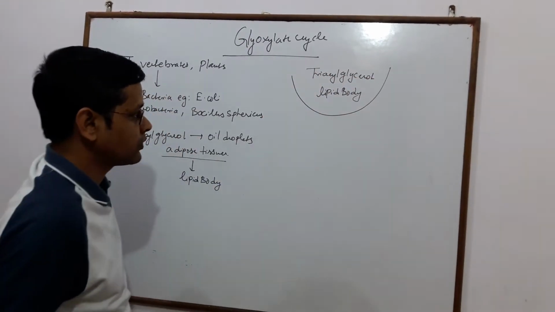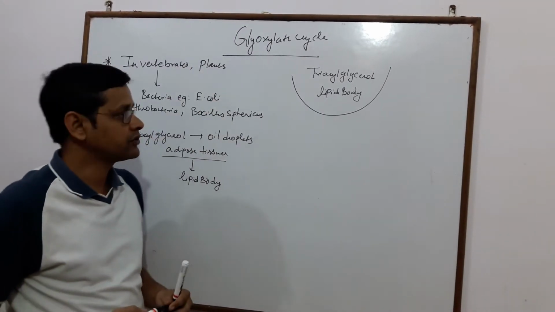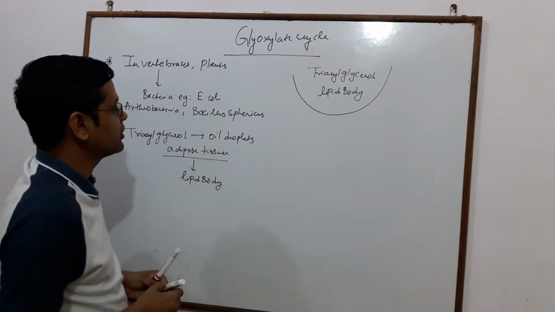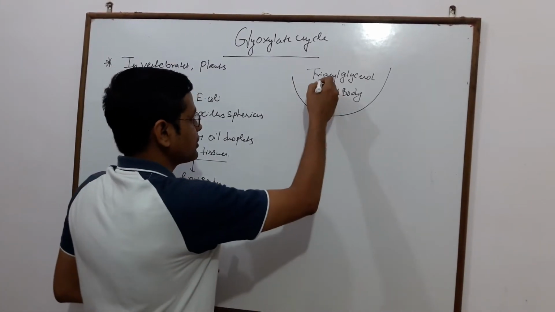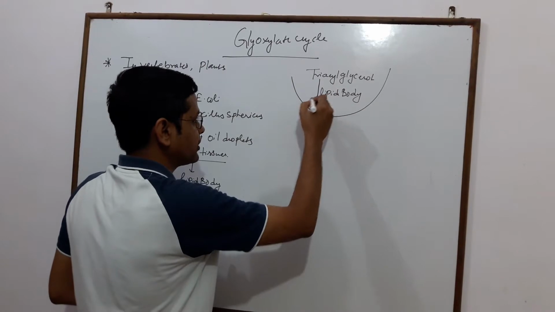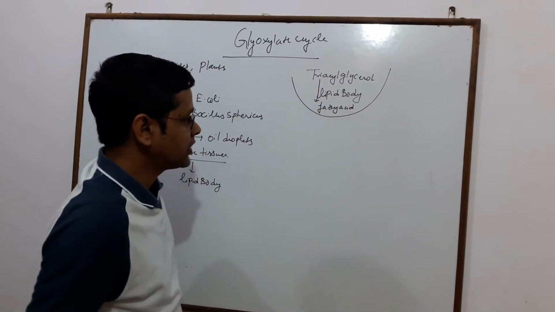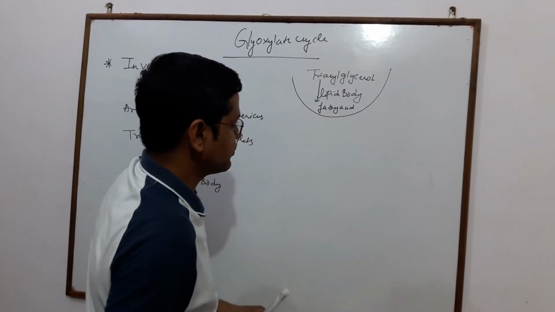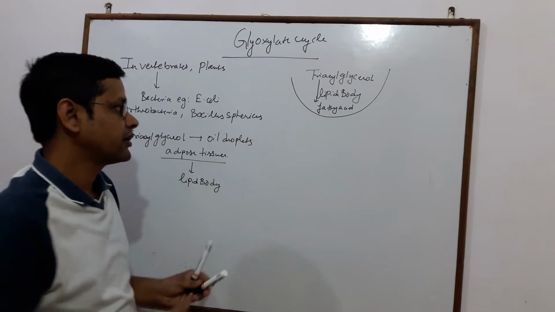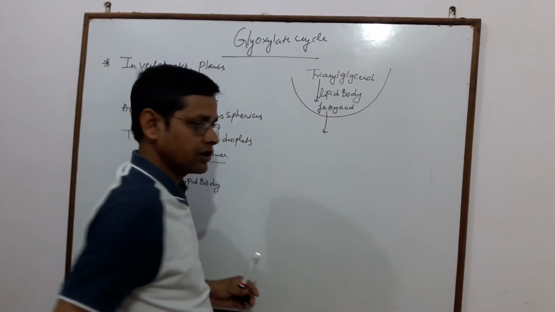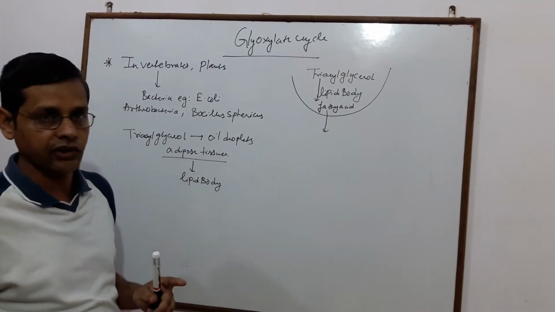In the case of a plant, when the seed is germinating, this excess fat is broken down. The triacylglycerol is broken down into fatty acid, and this fatty acid is liberated and comes into the cell organelle, which is formed at the time of seed germination.